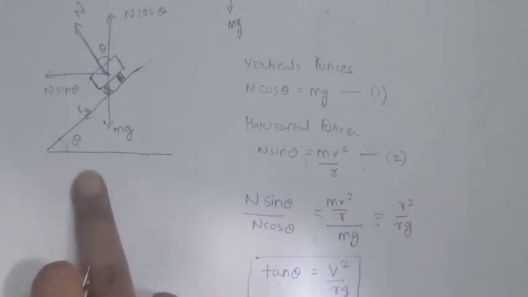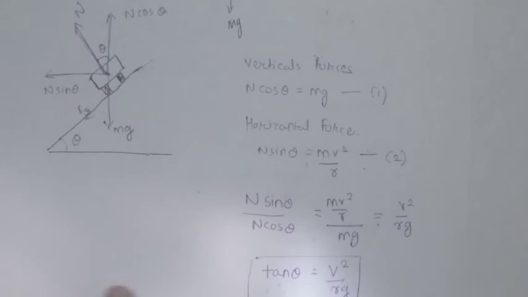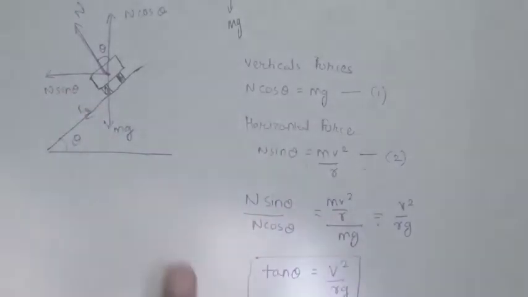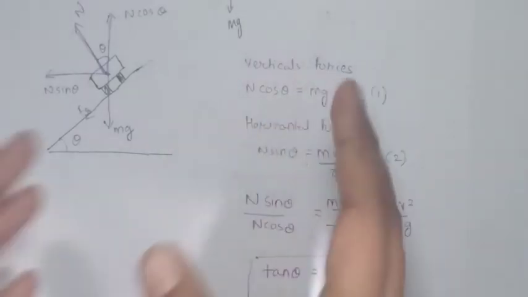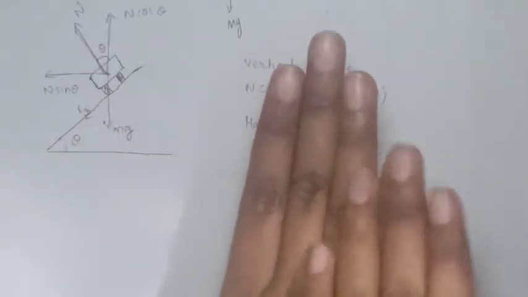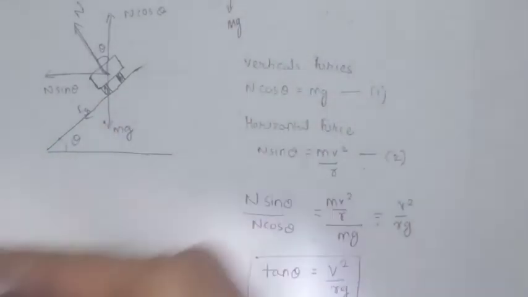So that angle you have to make. This type of example can be seen in the bridges in cities. You may know that whenever there is a junction in bridges, there is a slight increase in height.